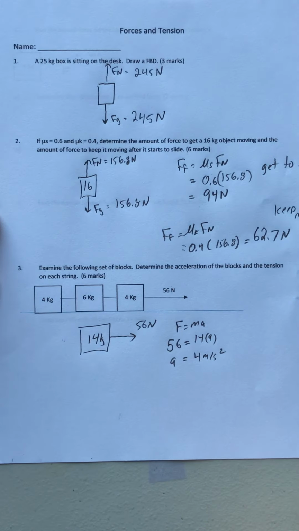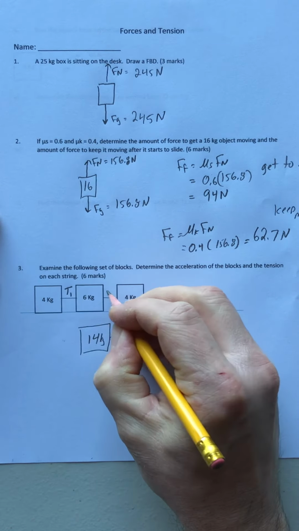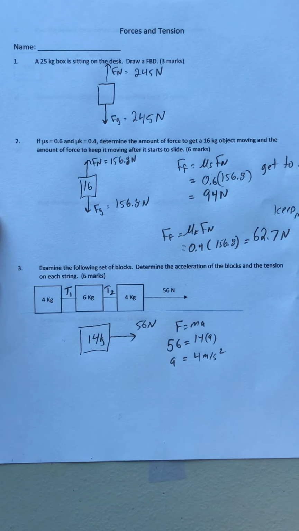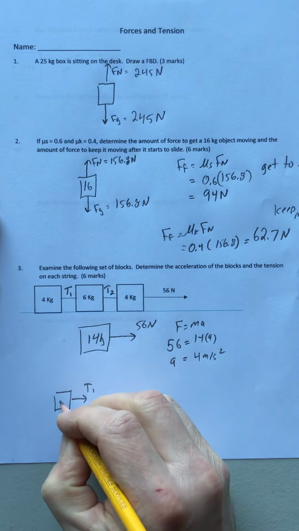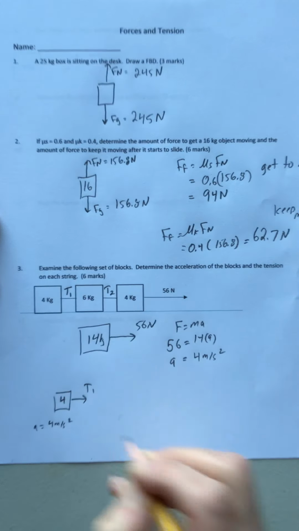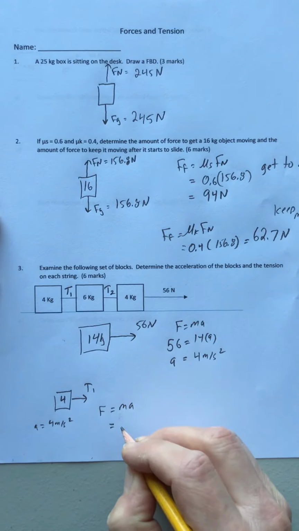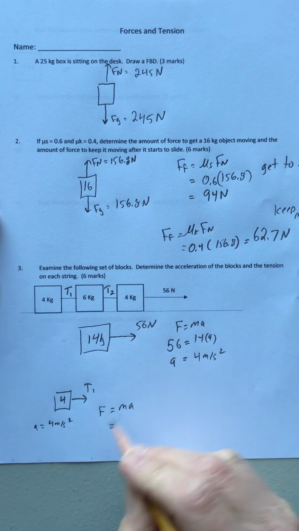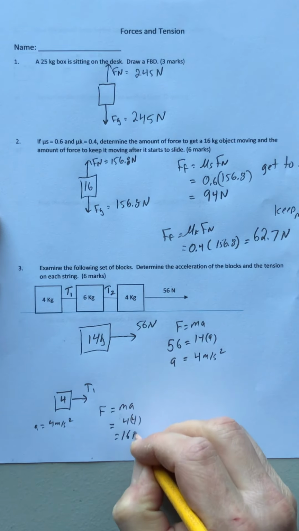That's the acceleration. And if I want to find the tension, let's call this T1, call that one T2. Tension 1 is only pulling the 4 kilogram block. So if I put a 4 in there, and I know it's accelerating at 4 meters per second squared, the force needs to be ma, which will be 4 times 4, 16 newtons.